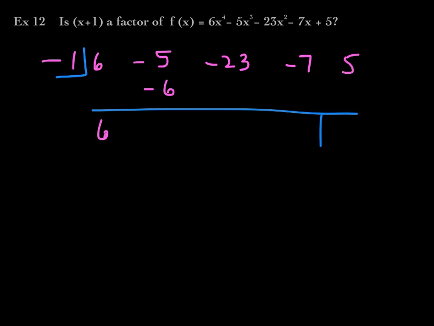Negative 5 plus negative 6 is negative 11. Negative 1 times negative 11 is positive 11. Negative 23 plus 11 is negative 12. Negative 1 times negative 12 is positive 12. Negative 7 plus 12 is positive 5. Negative 1 times 5 is negative 5. Bingo, we got 0. Because we got 0, we know x plus 1 is a factor of this polynomial function.